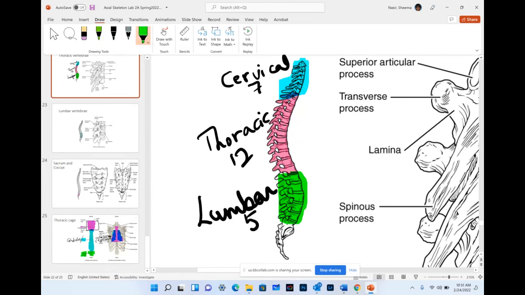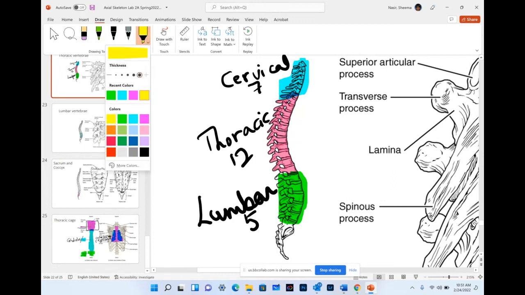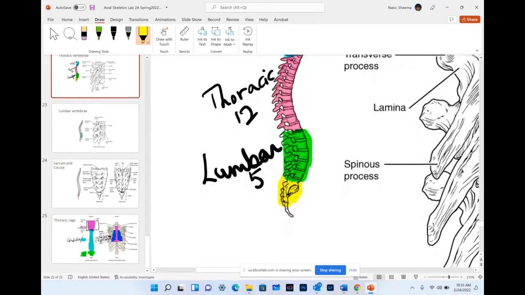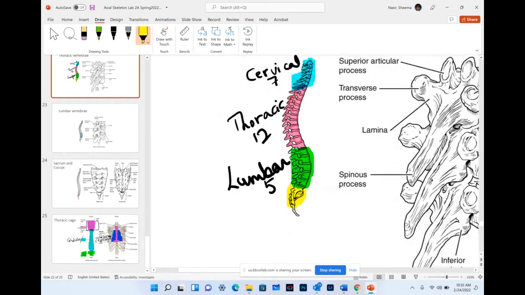And then we are going to have sacral. And sacral is going to have 5 as well, but they are fused.